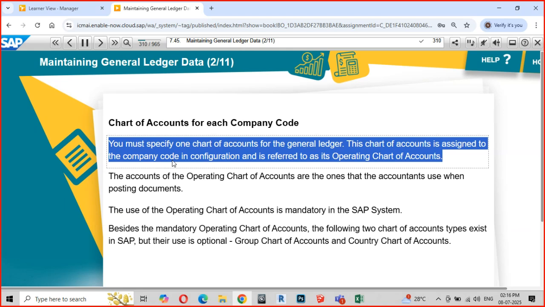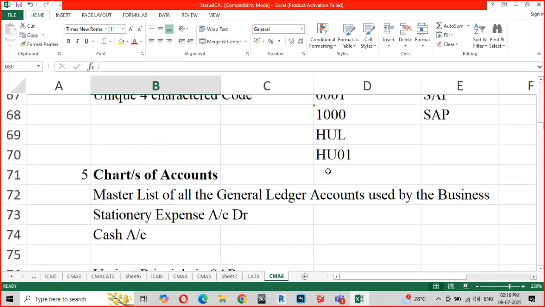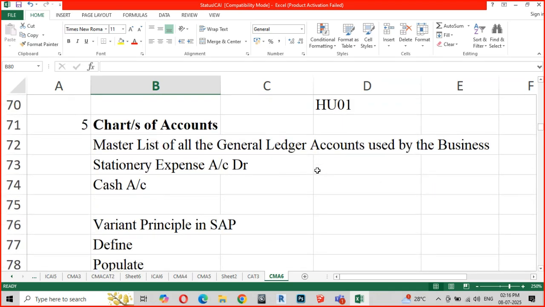Whatever I do to suit the businesses of my customers, or the implementing partners, the process is called configuration, and it is referred to as the operating chart of accounts. So the master chart of accounts which gets assigned to the company code necessary for its day-to-day operations is called the operational chart of accounts.